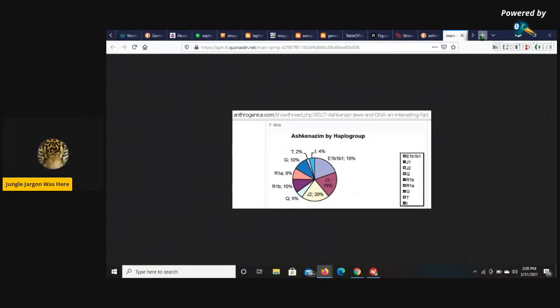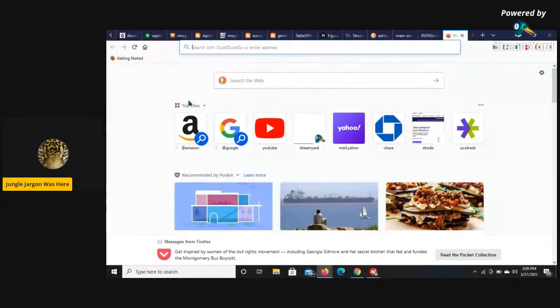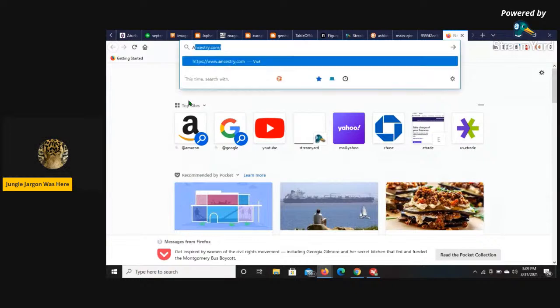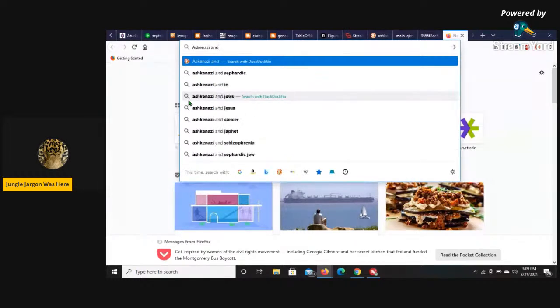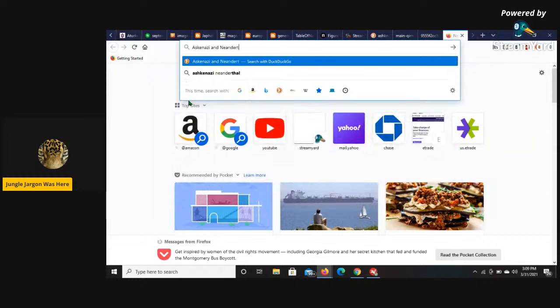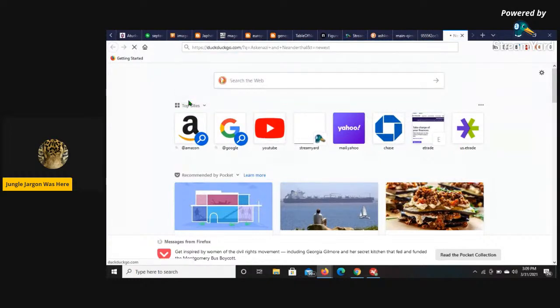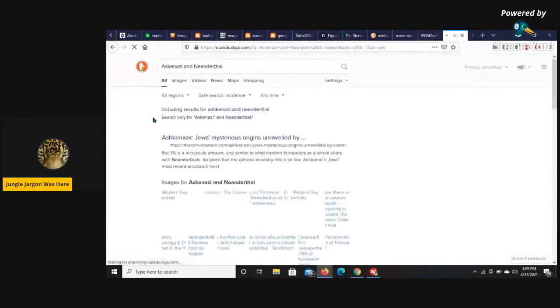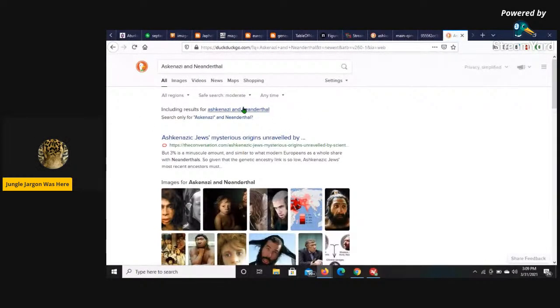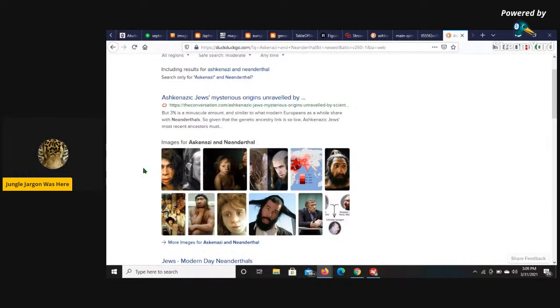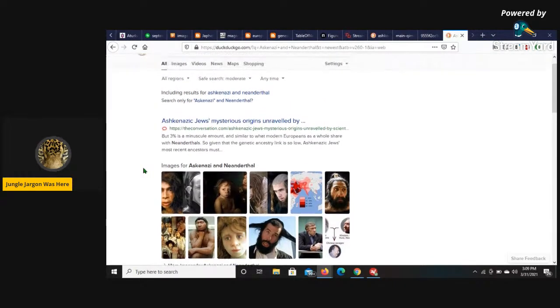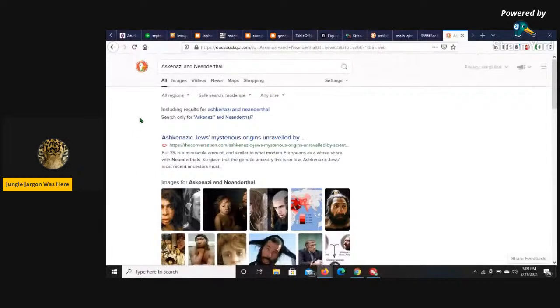But if we do a search on Ashkenazi and say Neanderthal, the reason why I showed the pie chart first is so that we won't confuse the fact that they're actually Jewish descendants.